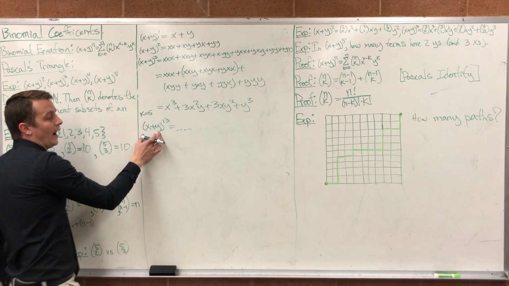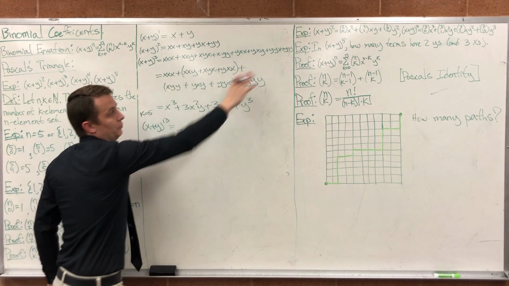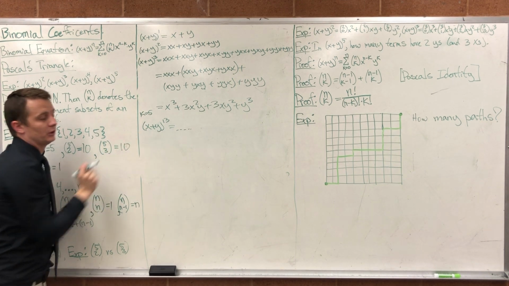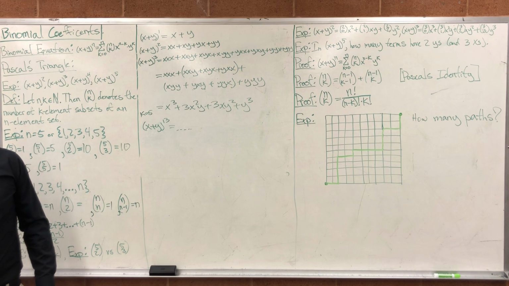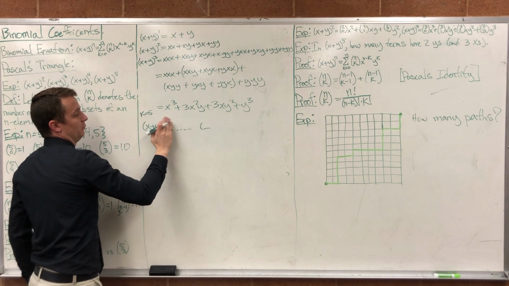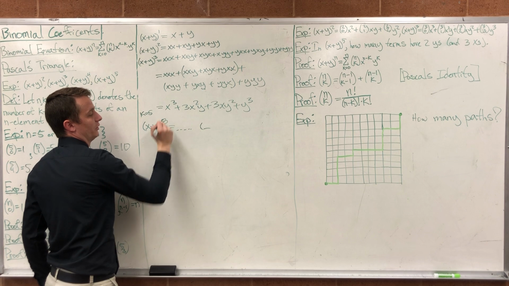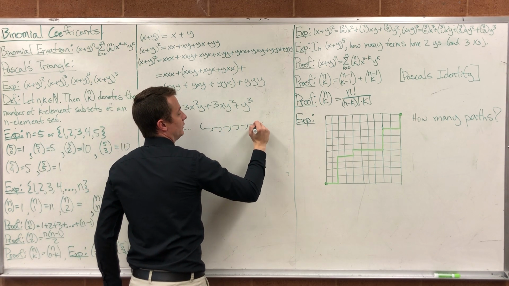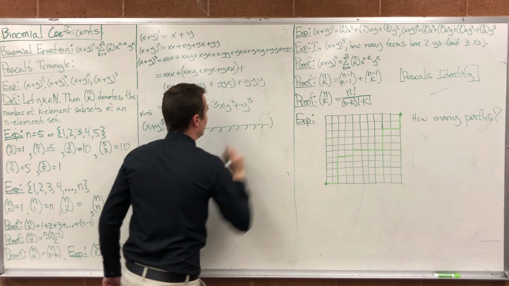Well, if we were to write all these out, expanding out like this, which would be absolutely insane, how many of those would have exactly 5 y's? Let's pick a smaller number just so that we can work with it better. 8. 1, 2, 3, 4, 5, 6, 7, 8.